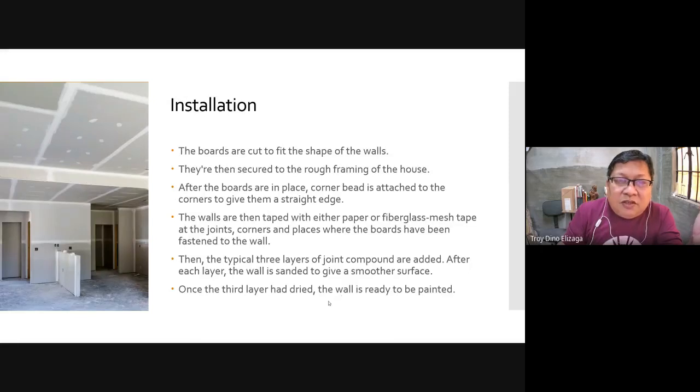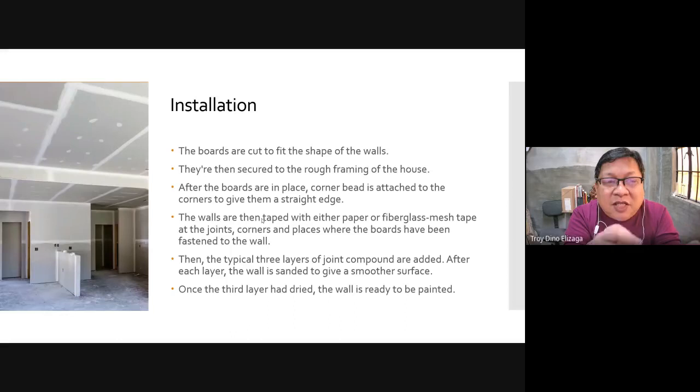To install, you can see in the picture how it would look once installed. You see all those white dots? They're actually patching compounds that are supposed to cover the nails.